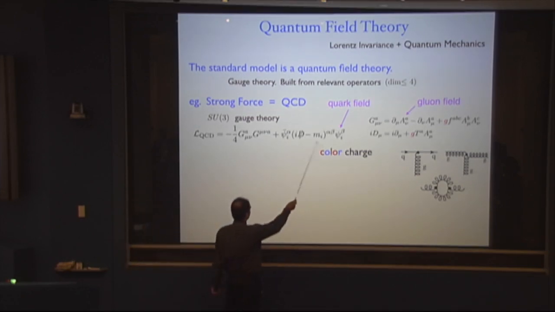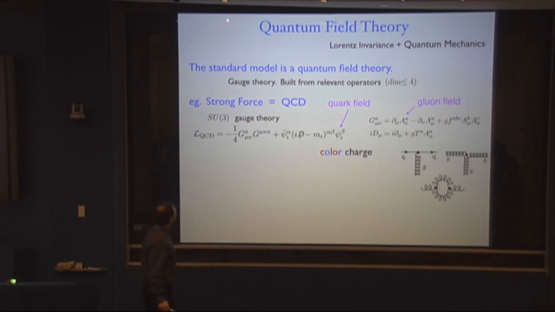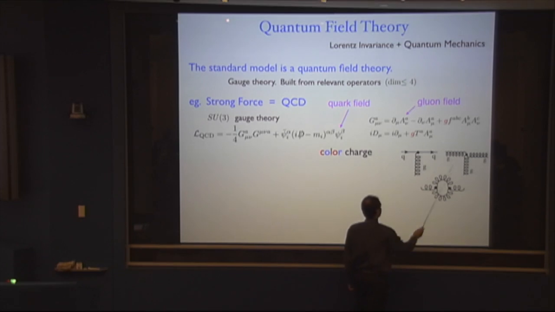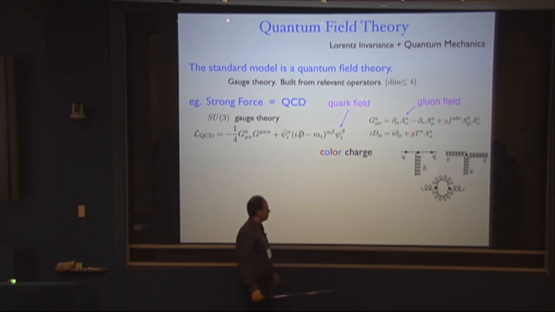So that's the Lagrangian, which you can think of as equivalent to some Hamiltonian, if you like that language. And then we have a field strength tensor for the gluons in the theory. And it's a non-abelian field strength, so it includes this interaction here, which causes interactions between the gluons, so they don't just interact with the matter fields like they would in quantum electrodynamics.